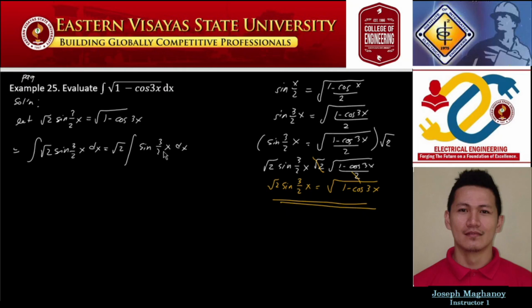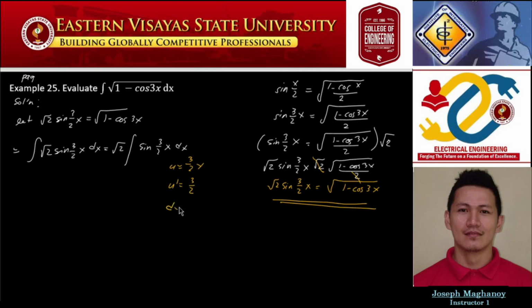Now, we can determine our correction factor here. If we determine our correction factor, that would be u equal to your 3 over 2x. If you get the first derivative of your u, that would be 3 over 2.